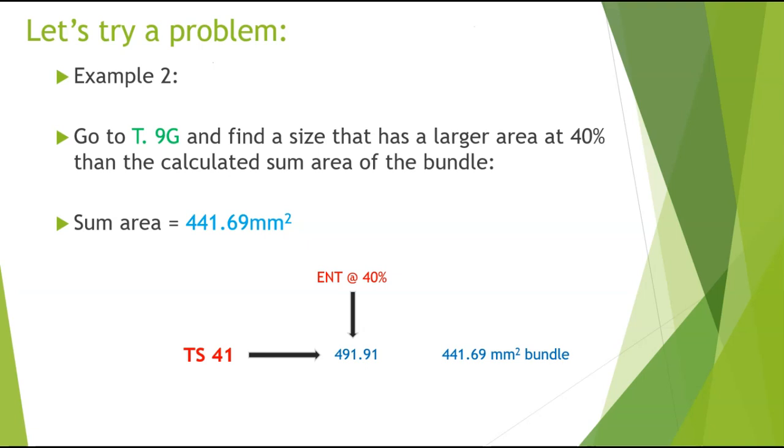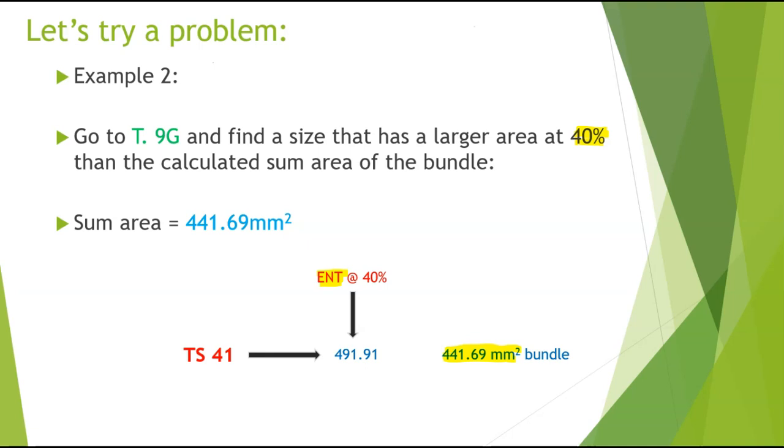And so considering that we are looking at a bundle which has a cross-sectional area of 441.69 millimeters squared, we want to go to table 9G, go and look at the 40% column for electrical nonmetallic tubing, and then we're going to go down that column until we reach a number that's equal to or greater than this 441.69.